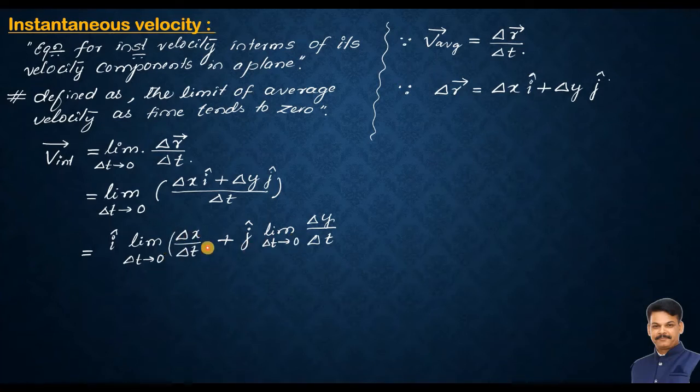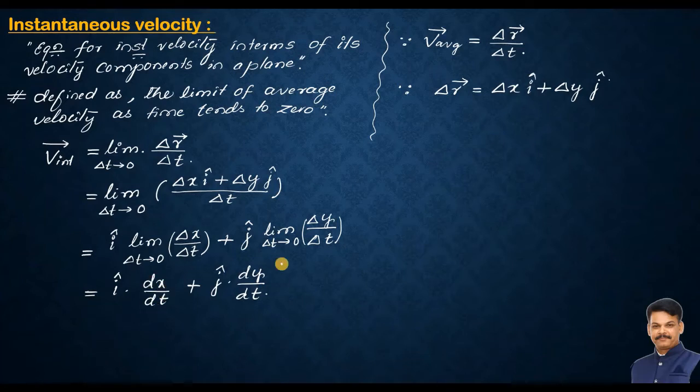Dear students, we know what the limit gives: it is the derivative of a function. So it is nothing but i cap into dx by dt plus j cap into dy by dt.